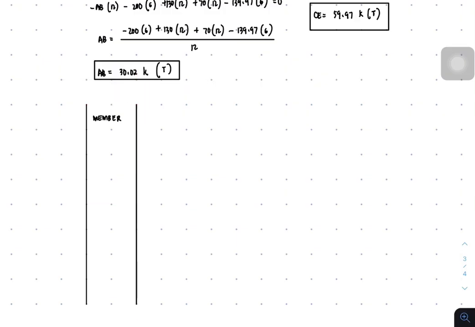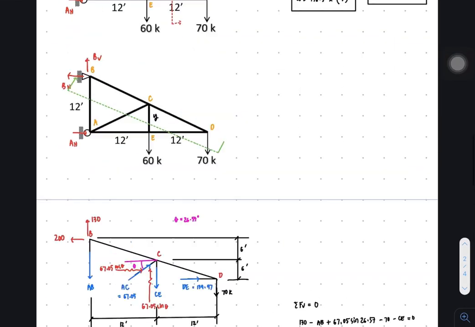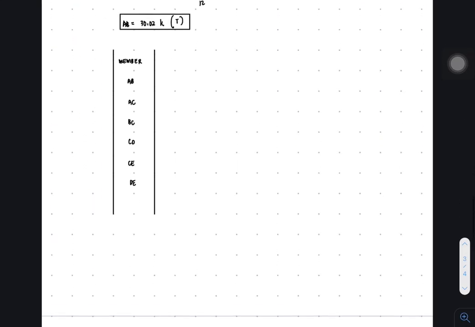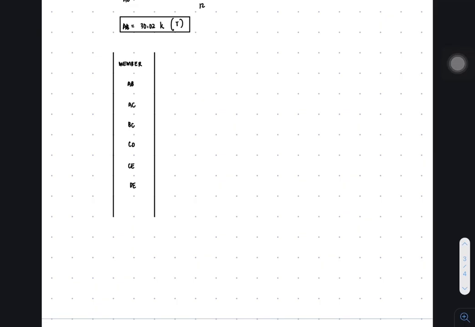So this must be for AB, and then AC, and then BC, and then CD, then CE, and then DE, and what's next? After AC, it's going to be AE. So it's AE here.